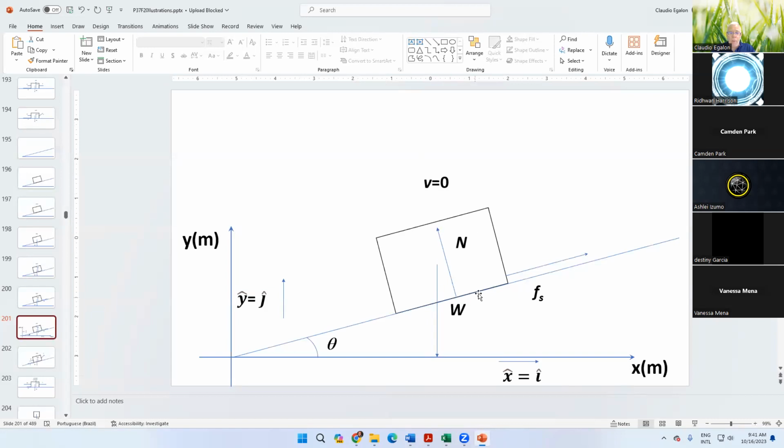But the normal and the force of static friction must be written in terms of two directions. In this case, we are going to have 1, 2, 3, 4, 5 components of forces in this problem. Now, watch what's going to happen if I orient my axis in a different way. Think about that, 5 components, right? I'm going to write that down here.